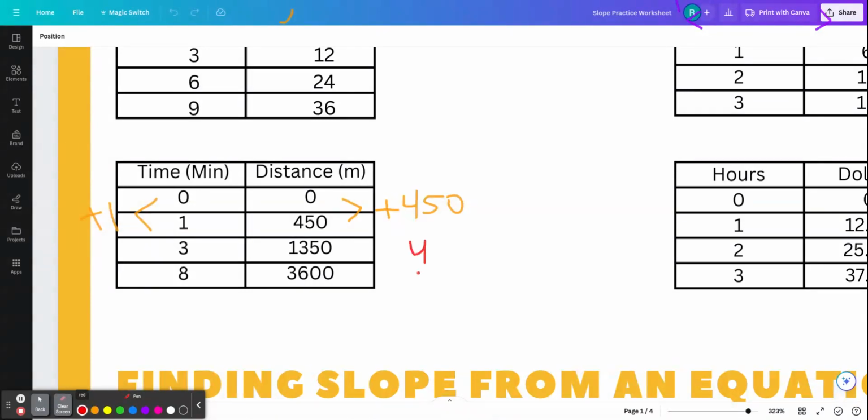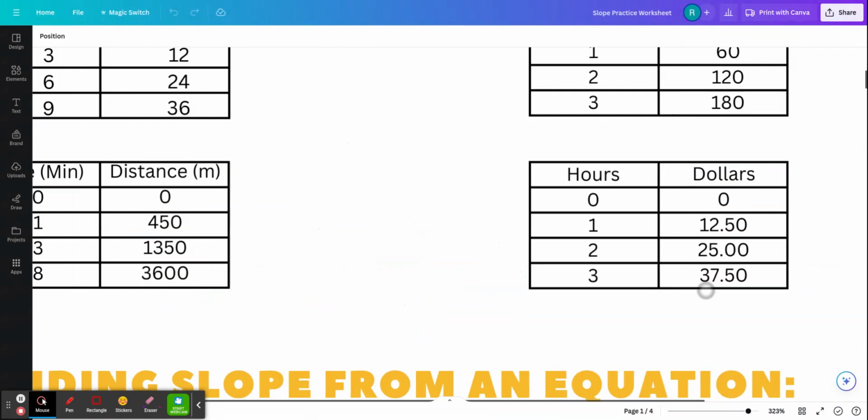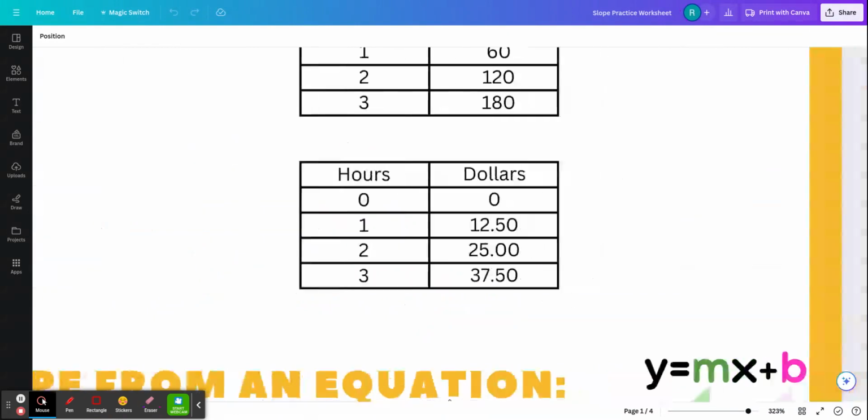So then y over x, where distance is your y and time is your x, would be 450 divided by 1, or just 450. If you do these two numbers and these two numbers, you'll get the same thing when you divide. So keep that in mind. Okay? And then our last one, I'll let you try on your own. Hopefully that makes a little more sense now though.